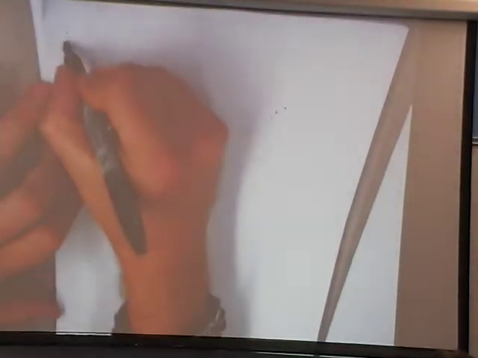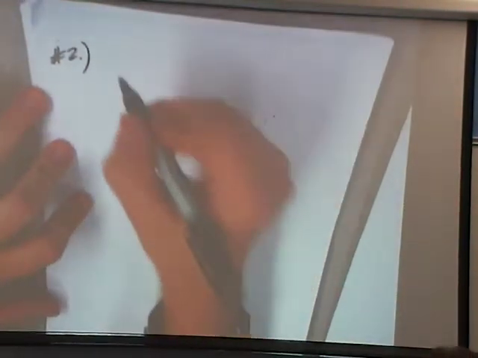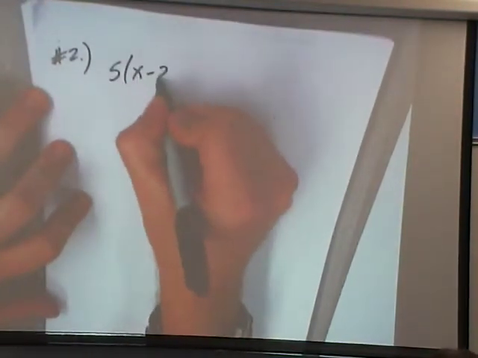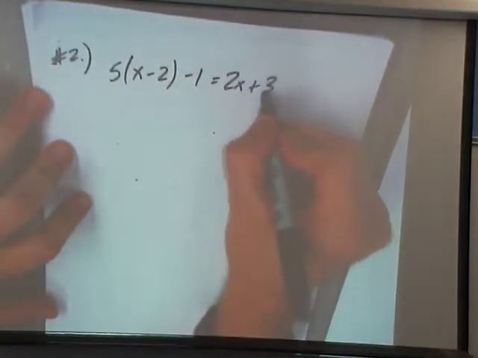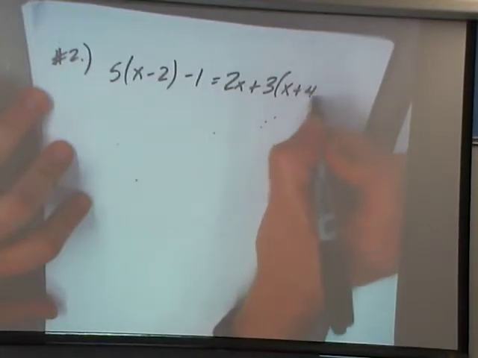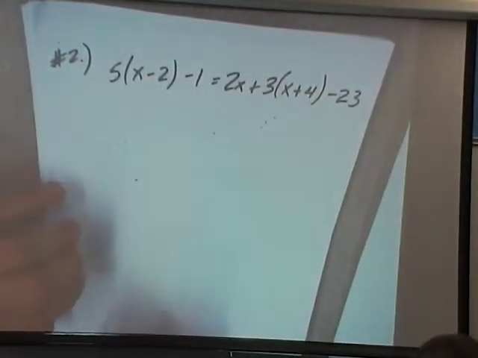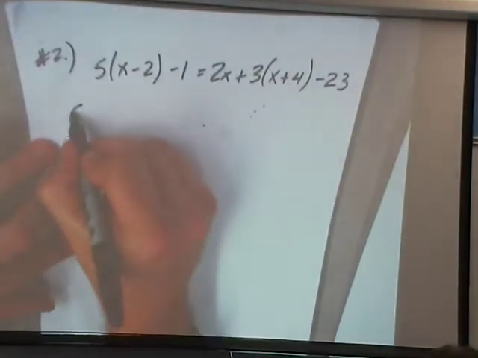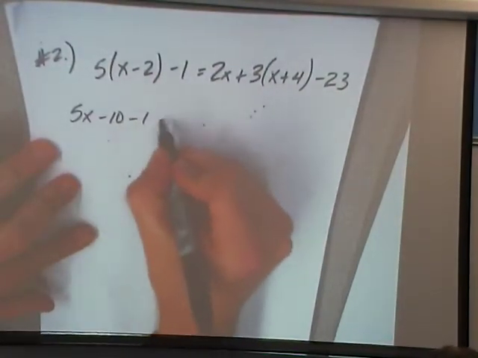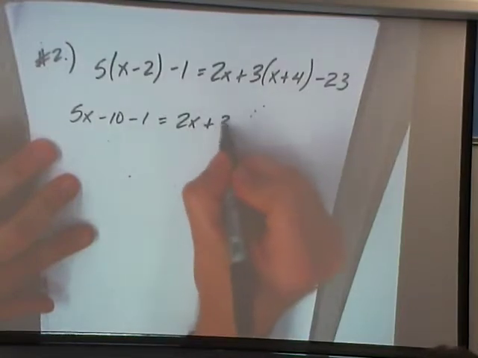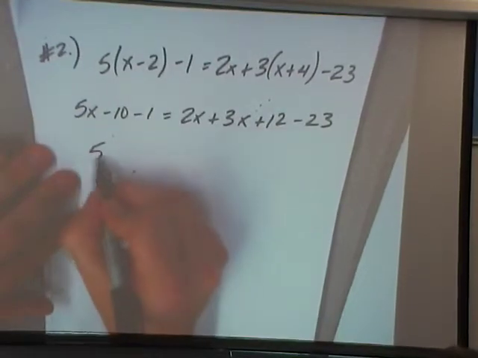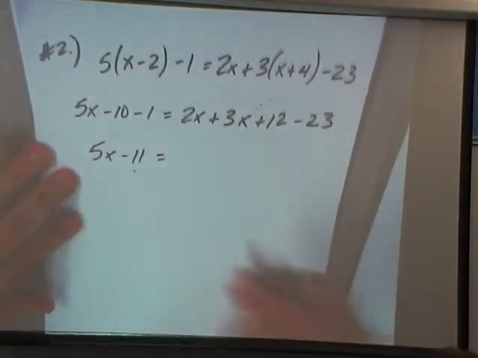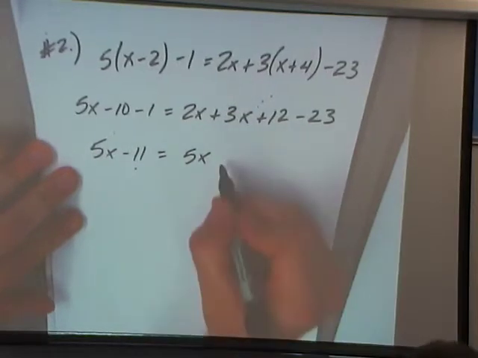All right, number 2. All right, distribute first. Combine some like terms. 5x minus 11 equals 5x minus 11.